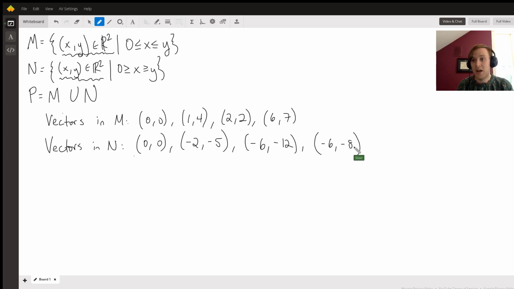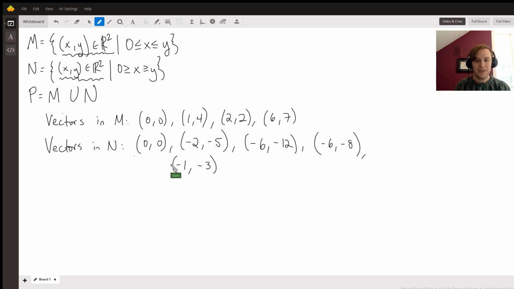So the y-coordinate is smaller than the x-coordinate. Another example would be (-1, -3), right? So what do we have in all of these? We have that the coordinates of all these vectors in N are negative or 0. That's the first thing. And we have that the y-coordinate is always less than or equal to the x-coordinate.